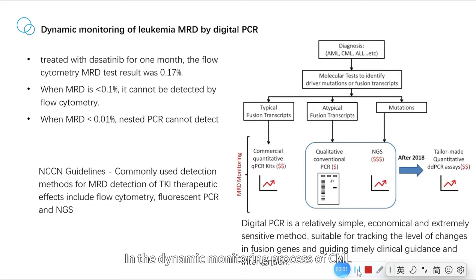In a dynamic monitoring process of CML, NGS is not applicable, as I mentioned earlier. However, when commercial kits are not available, qPCR tests are developed in-house and need to go through a sufficient verification process. This is a very expensive, labor-intensive, and time-consuming process, and may affect detection sensitivity when target concentration is relatively low. Therefore, digital PCR has great potential in the field of MRD detection.